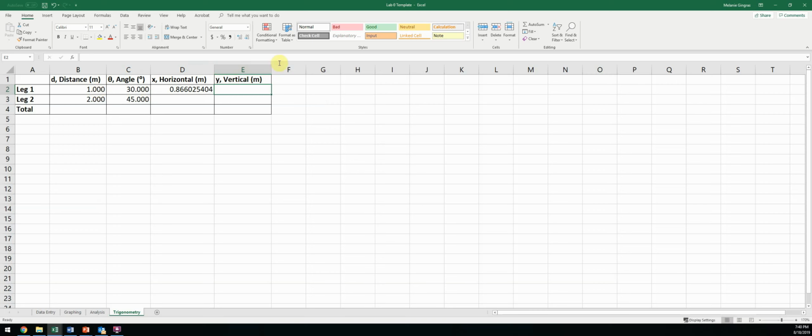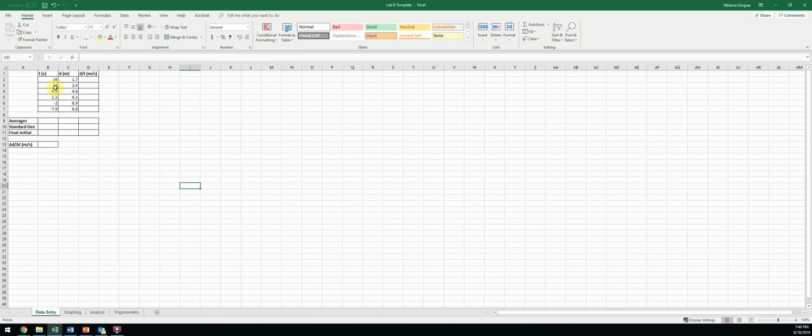But there will be times where in lab I'm going to ask you to include more significant figures than you should, right? Remember when we talked about the data entry and the graphing and stuff, we don't want to have more decimal places than just the 1 decimal place, because we don't want to exceed the precision of our measuring device.